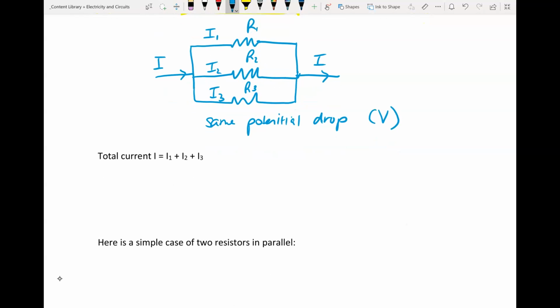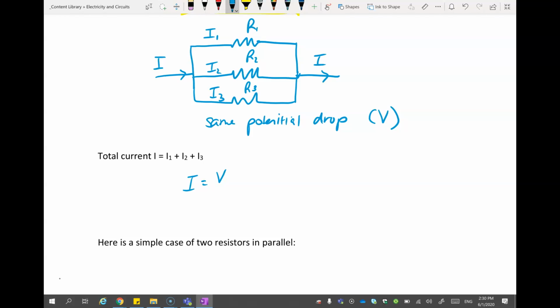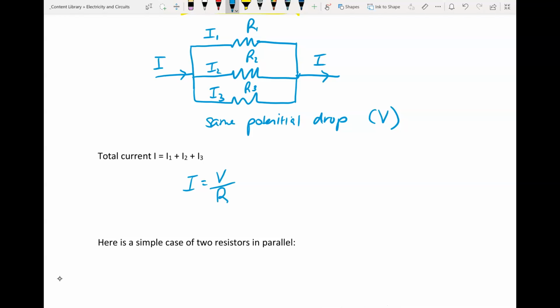We also know that to calculate I, it's the potential difference or potential drop, depending on the type of question we have, over the resistance. So if we're looking for I1, then all we need is V over R1, and so on if we want to find I2 or I3.